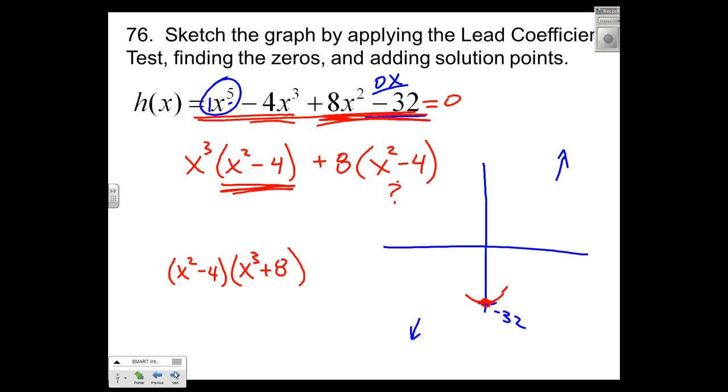And I would say, well, what if we had x cubed times a plus 8 times a? Can we factor that? And you would all recognize, sure, we can take an a out, and we get a times x cubed plus 8. Well, what if that was a? We can pull it out, just like we did here.